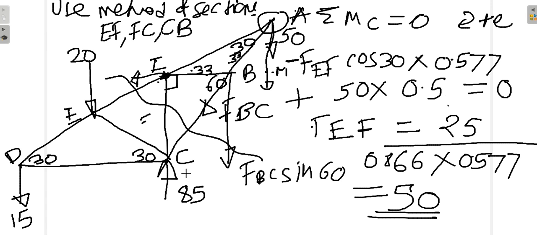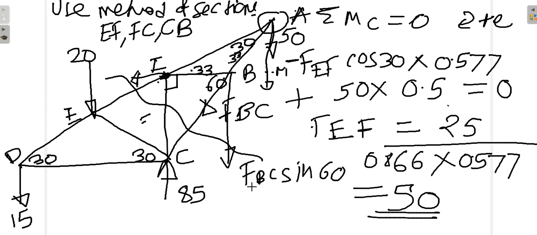Let me elaborate one more time. If we take moments about point A, force EF is acting along A, so has no moment arm. BC is acting along A, has no moment arm. 50 is acting along A, has no moment arm. So the only force that is left is FC. Obviously, if you take the moment of FC about point A, there is nothing to equate to because all the three other members have 0 moment. So obviously, the force FC also will be 0.